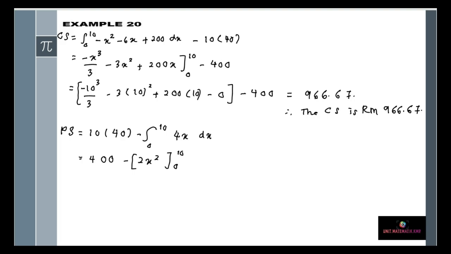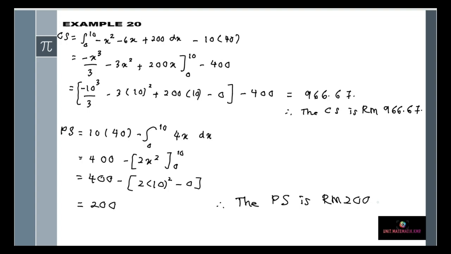So next step is we substitute here: 400 minus 2 times 10 squared minus 0, so this one we should have 200. Okay, therefore the producer surplus is RM 200.